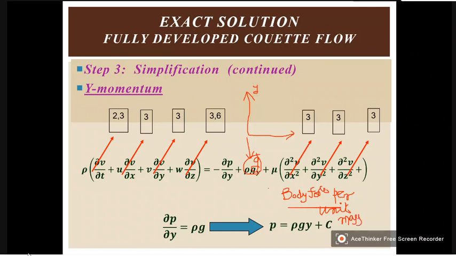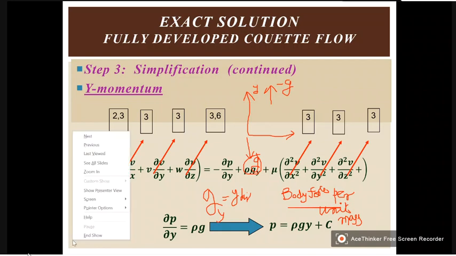Now, what is gy according to our definition? gy is body force per unit mass in y direction. So what is that value? Minus g. Because it is acting downward, so it is minus g.